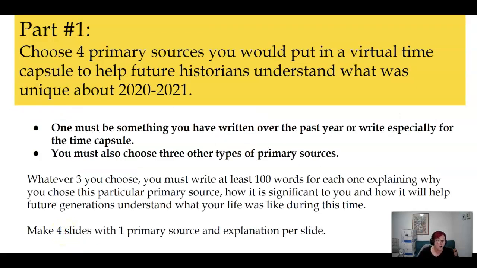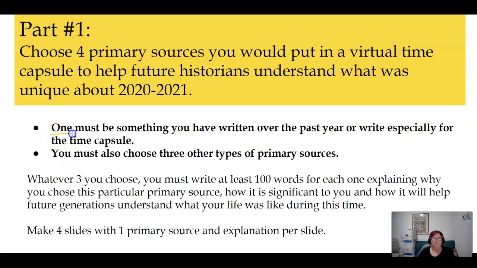Okay, part one is to choose 4 primary sources you would put into a virtual timeline, into a virtual time capsule, to help future historians understand what was unique about 2020 to 2021. So, what do you have to have in your virtual time capsule?